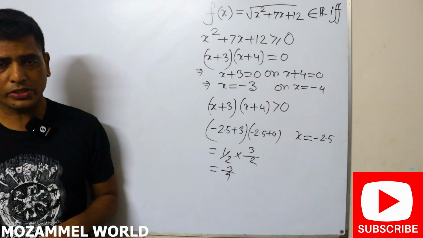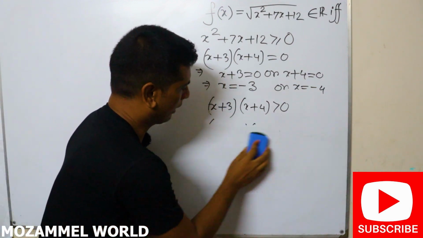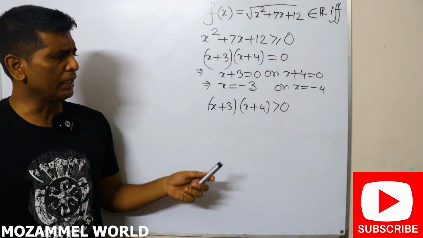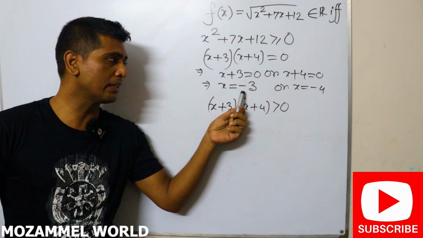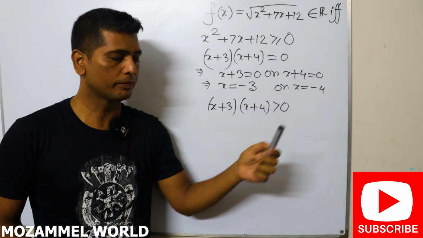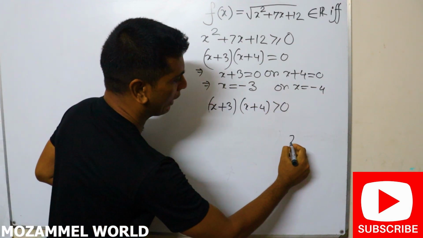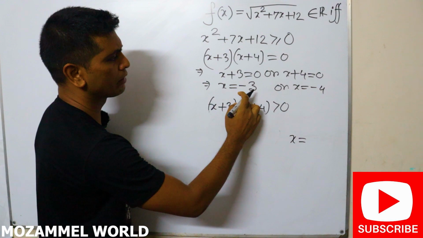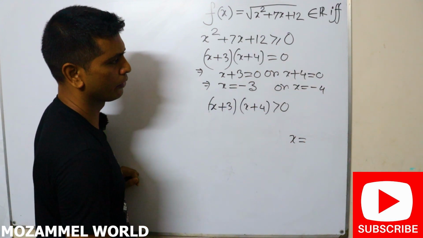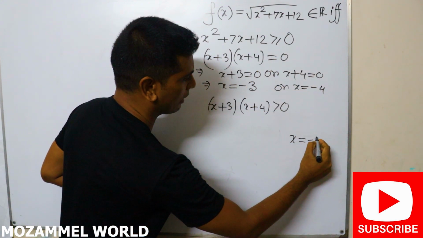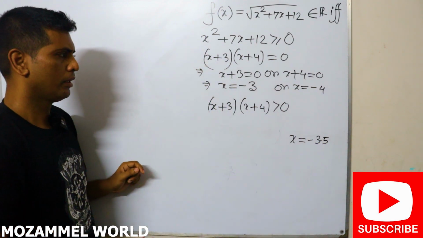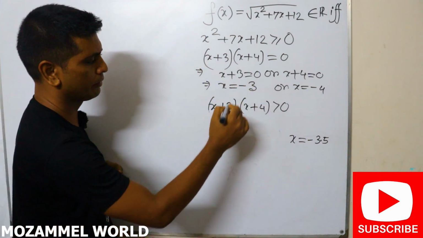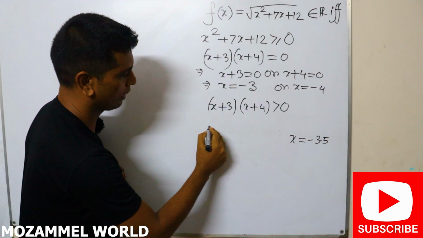Now I'm going to check another value. If I put any value which lies between minus 3 and minus 4, for example minus 3.5, what will happen?